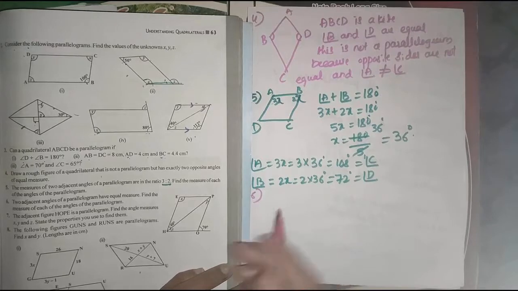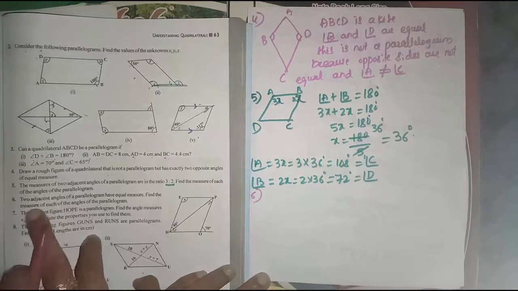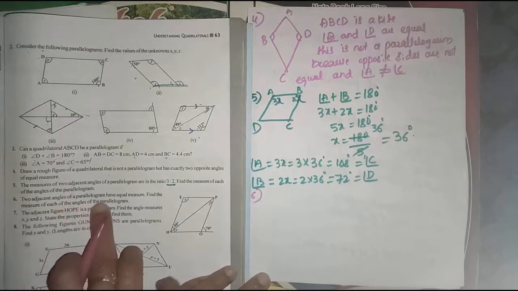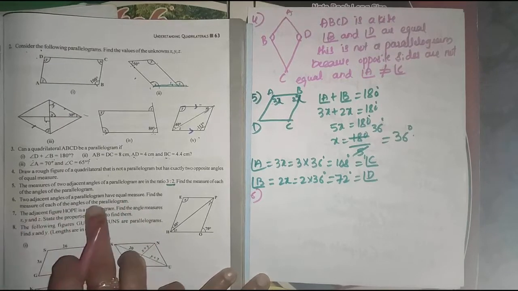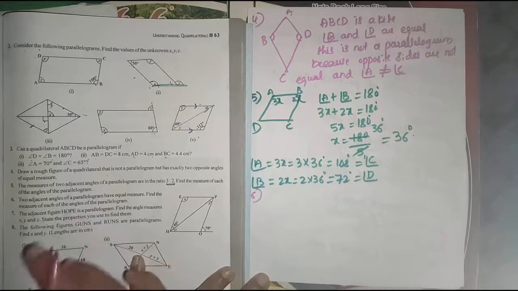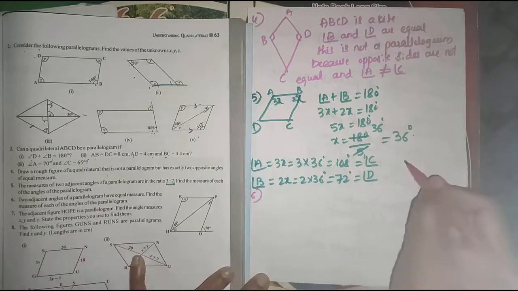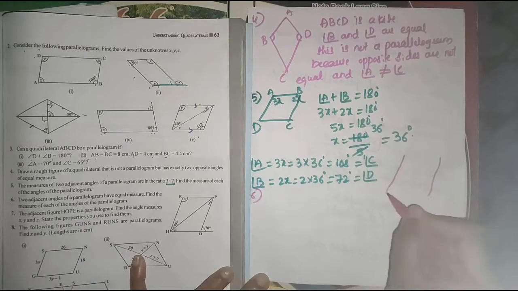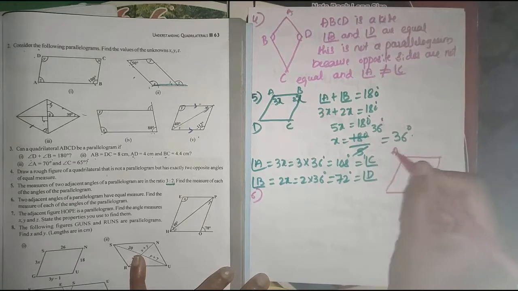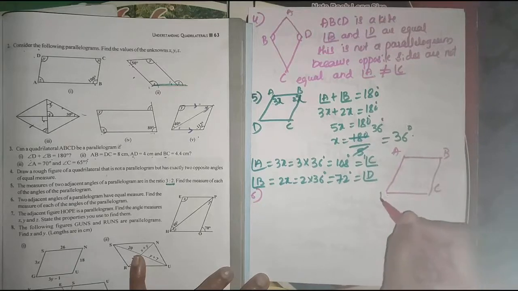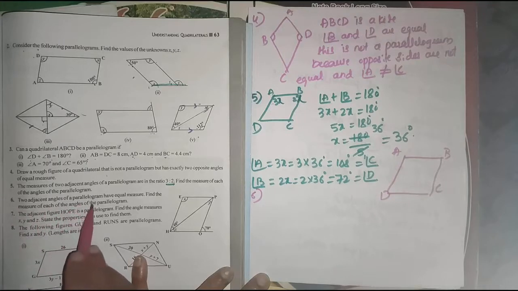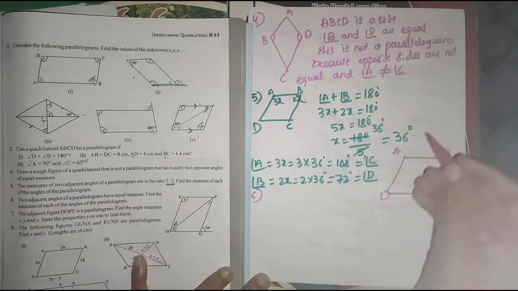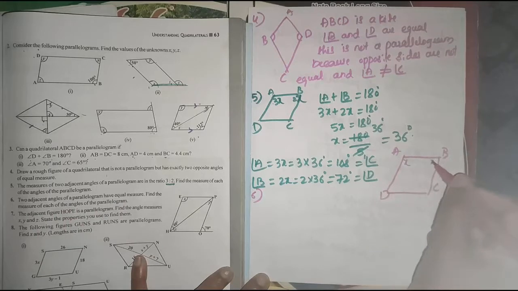Here the sixth question is: two adjacent angles of a parallelogram have equal measures. Find the measure of each angle of the parallelogram. In the given parallelogram ABCD, two adjacent angles have equal measure. Consider this is x and this is x.